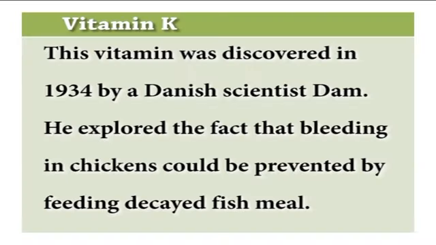This vitamin was discovered in 1934 by a Danish scientist by name Dam. He explored the fact that bleeding in chickens could be prevented by feeding decayed fish meat. Vitamin K is also referred to as coagulation vitamin, antihemorrhagic vitamin and prothrombin factor.